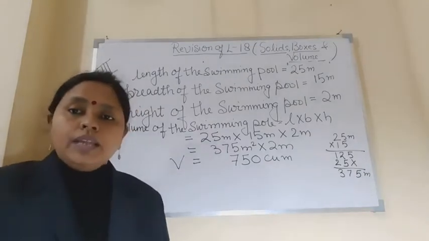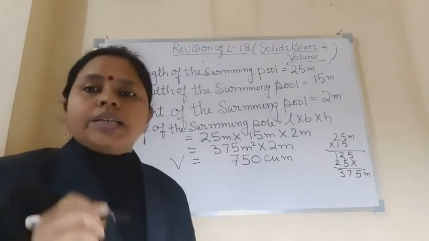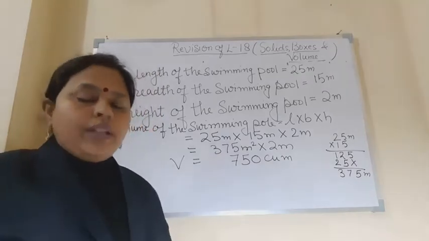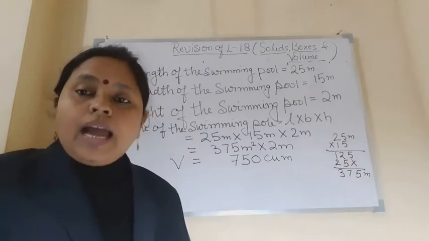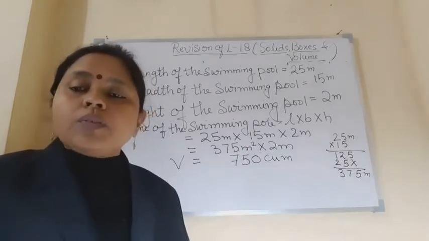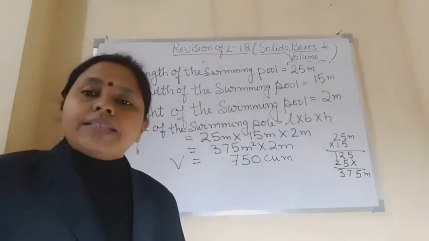Now children, it is given in the question that 3/4 of the swimming pool is filled with water, and in the question we have to find out the volume of the water present in the swimming pool.